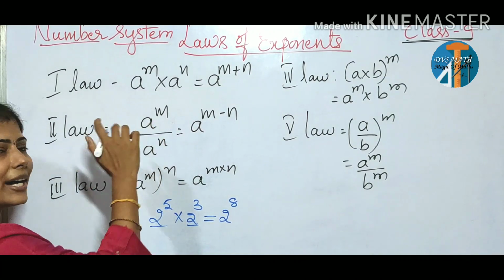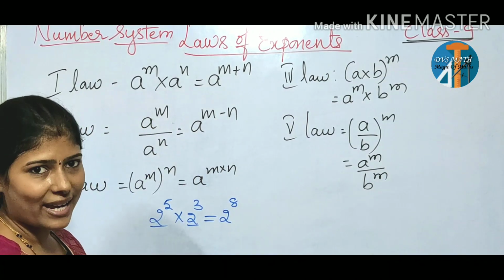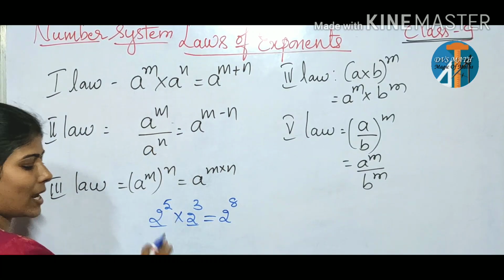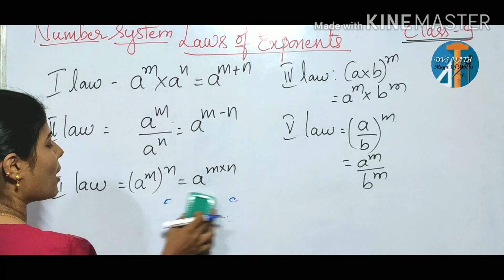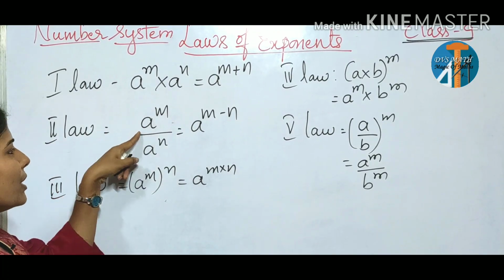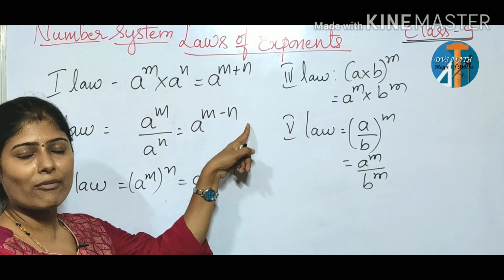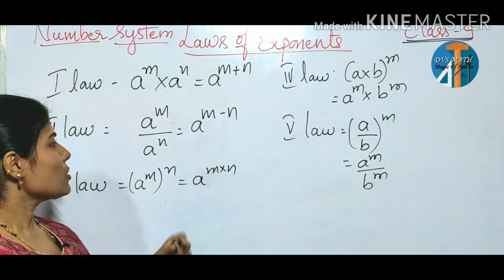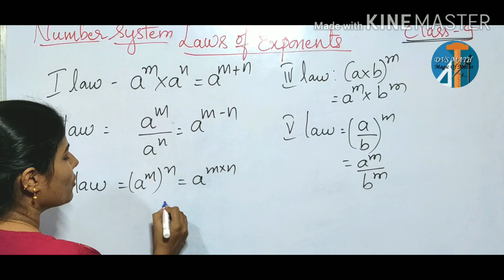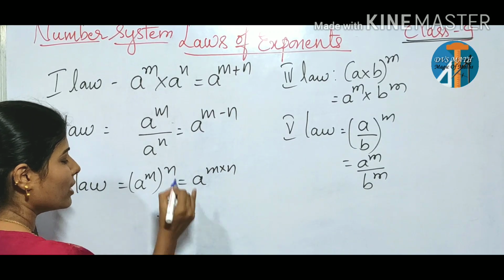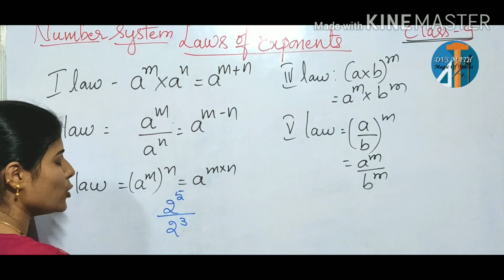That is when we divide two exponents of the same base with different power or the same power. Let me observe here. A power m divided by A power n is equal to A power m minus n. So for the same example, let us take 2 power 5 divided by 2 power 3.